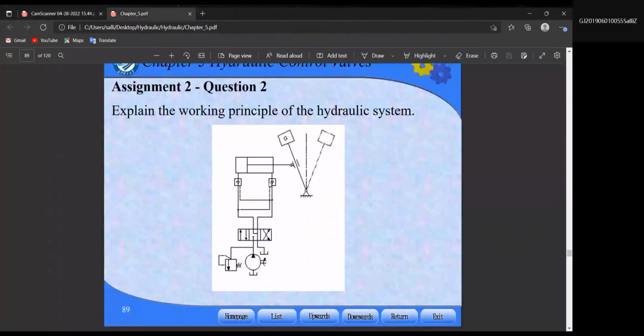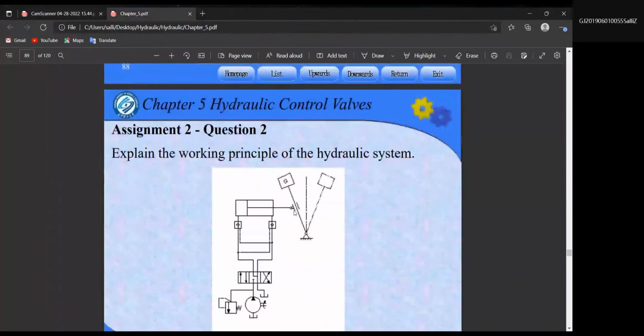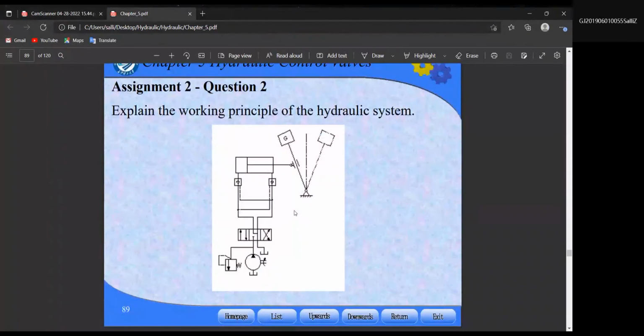So I want to explain question 2 and question 3 of the homework. In question 2, it says we should explain the working principle of this hydraulic system.